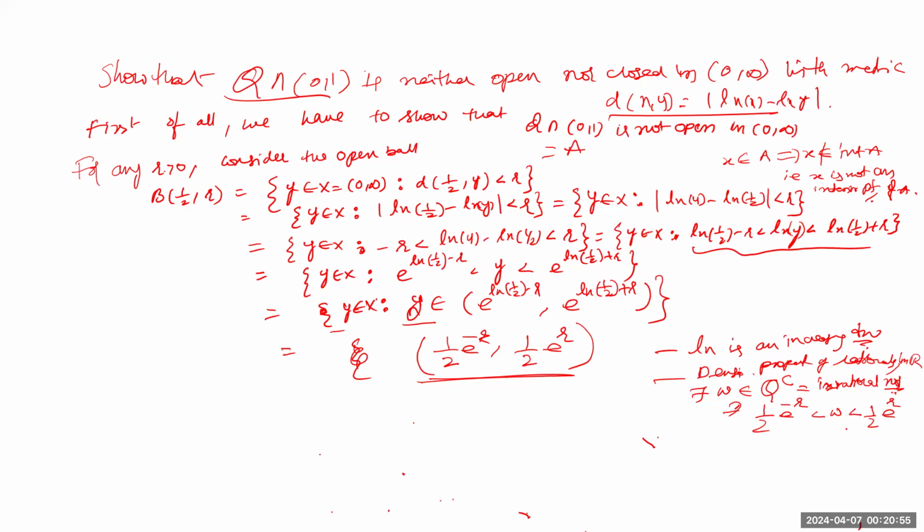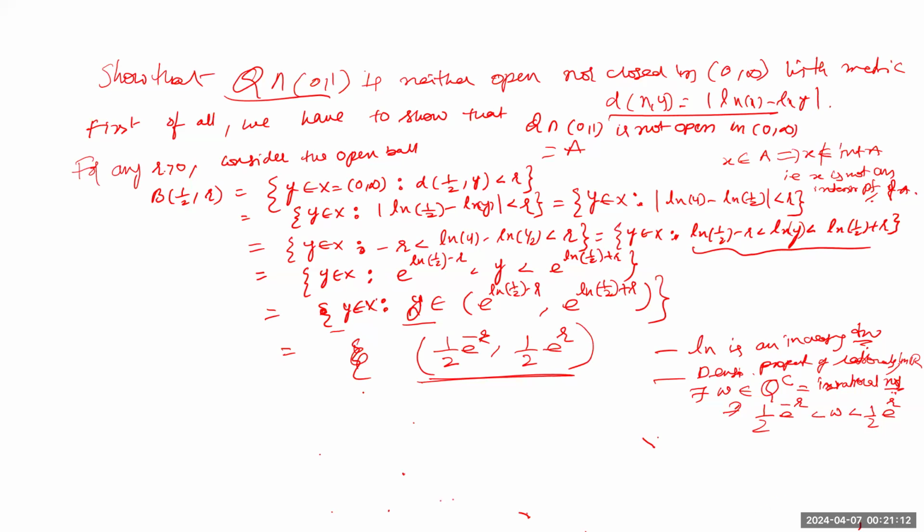So between two real numbers, there exists an irrational number.